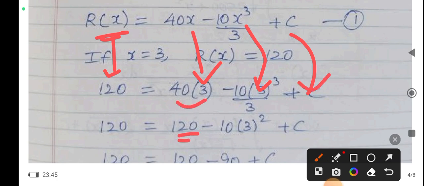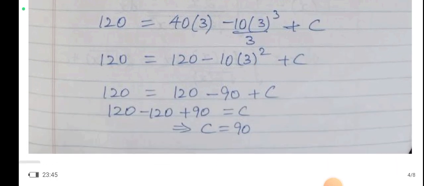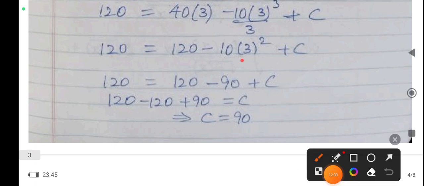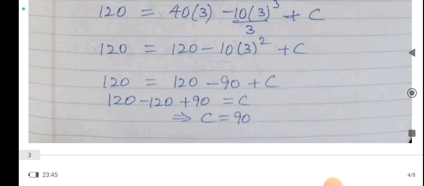Then 3 and this 3 cube cancel, 10 into 3 square plus c. Then 3 square is 9, 9 tens are 90. Then 120 goes outside, minus 120, minus 90 goes outside, plus 90. Cancel, c equals 90.